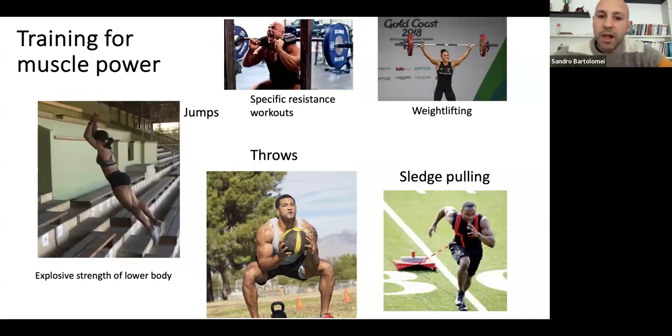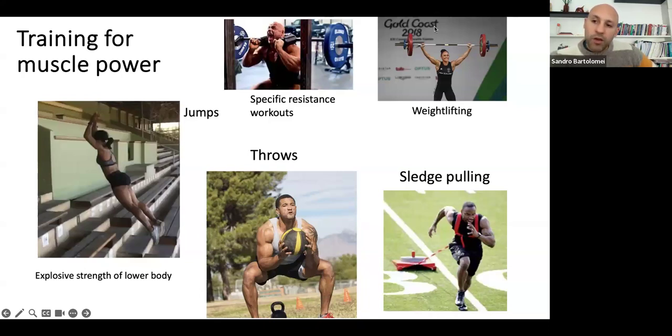But also a specific resistance workout can be performed in order to stimulate power, and also weightlifting exercises. Why weightlifting exercises? Because when you perform powerlifting exercises, deadlift, bench press, and squat, you may obtain a low level of speed of contraction, because maybe you are intentionally increasing the time under tension or because you are using heavy loads.